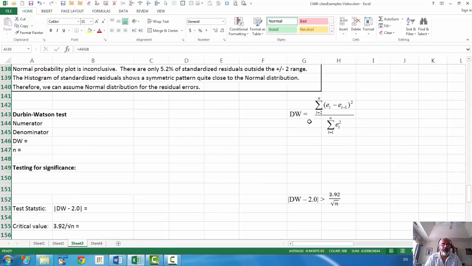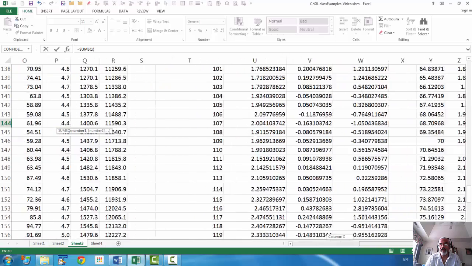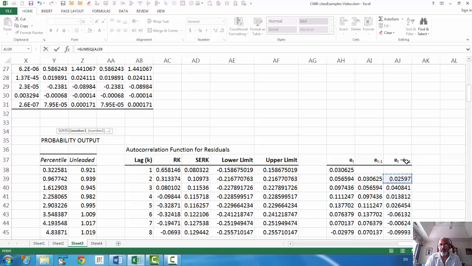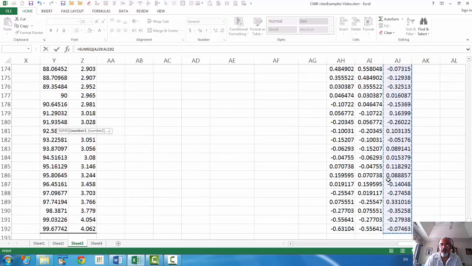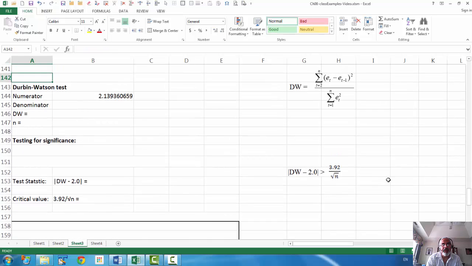Let's look at the numerator. The numerator is the sum of the squared values of the first difference. We already have the first difference set up in a column, so all we have to do is a sum of squared values of that column, starting from time period t equal to 2 all the way down. That gives us the numerator.